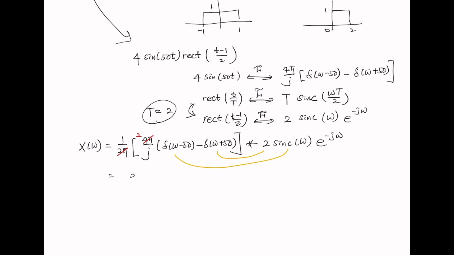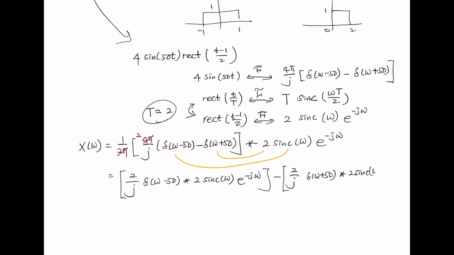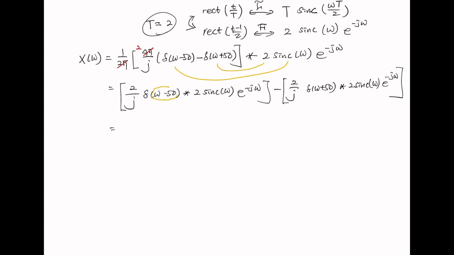Then we have 2 over j delta omega minus 50 convolution with 2 sinc omega e to the negative j omega, minus 2 over j delta omega plus 50 convolution with 2 sinc omega e to the negative j omega. We're going to capture the whole inside of the parentheses of the delta signal and put it wherever we see omega.